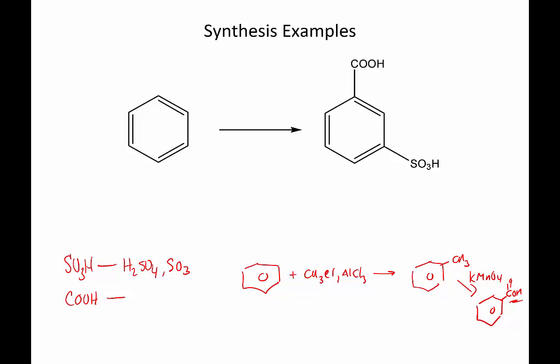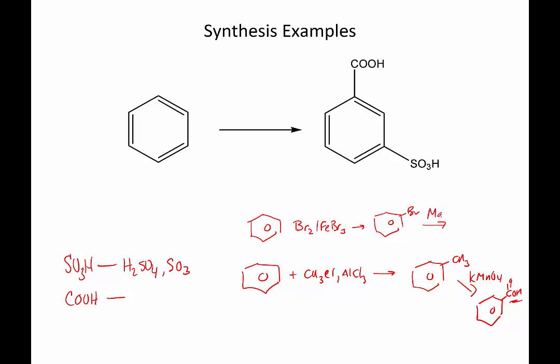I'll give you a hint. Grignard. What if I take my benzene ring and I brominate it with FeBr3 to put my bromine on the ring? How do I make that a Grignard?